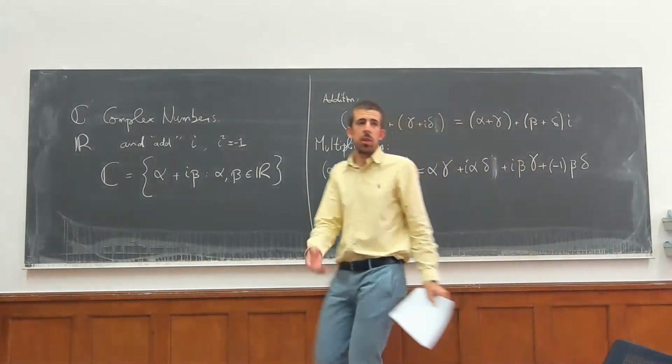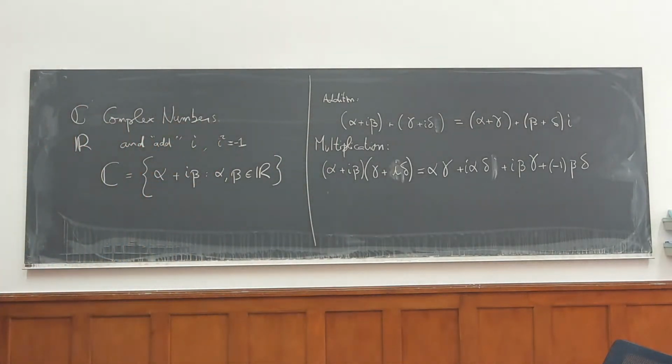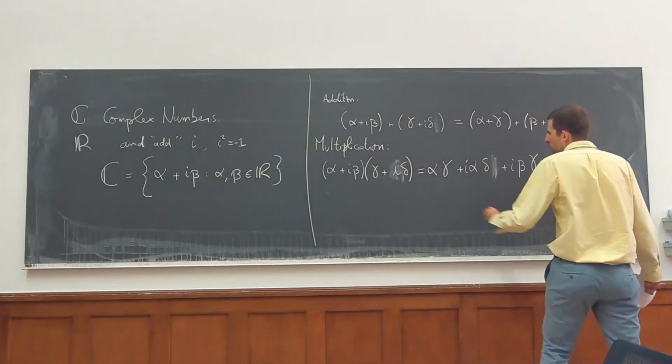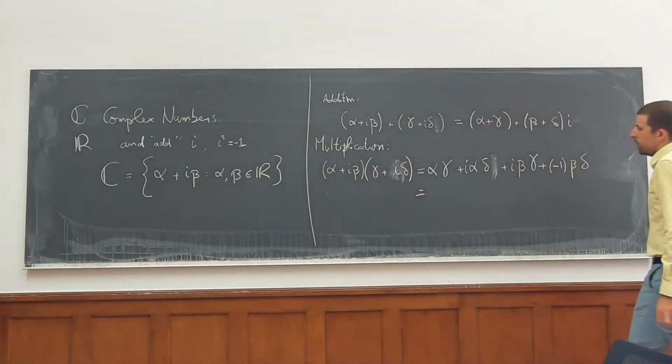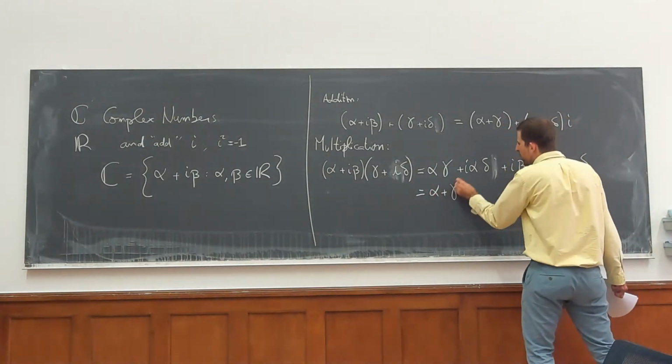Now the only thing I used here was distributivity, and the fact that the product of these numbers commutes. Okay, so what is this? I collect the terms that have no i.